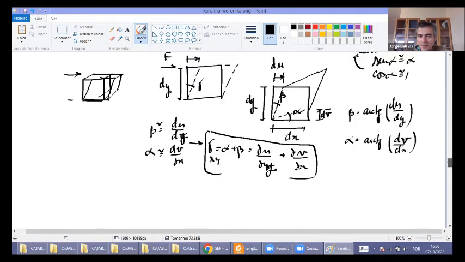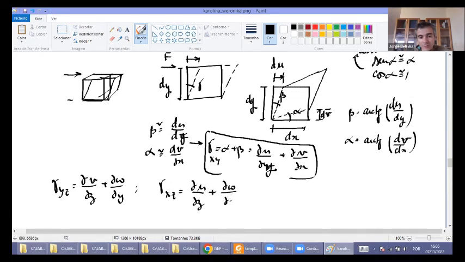If you make the same drawing for the other directions, you will get that gamma yz is dv/dz plus dw/dy, and gamma xz is du/dz plus dw/dx.